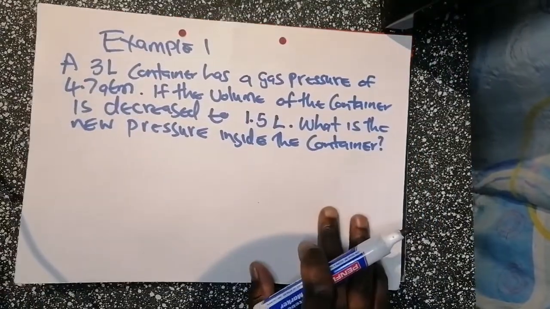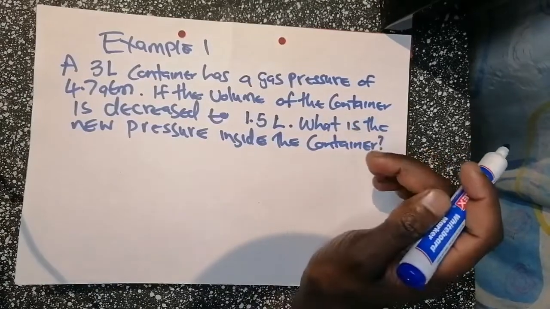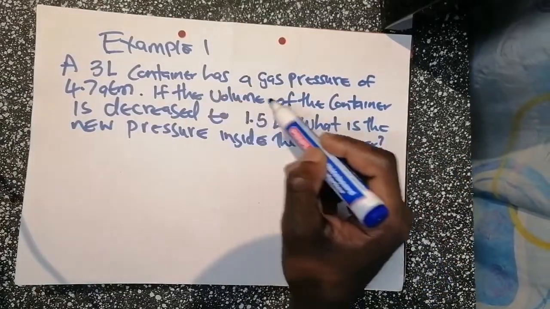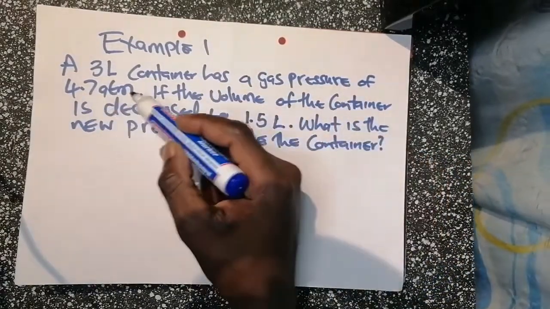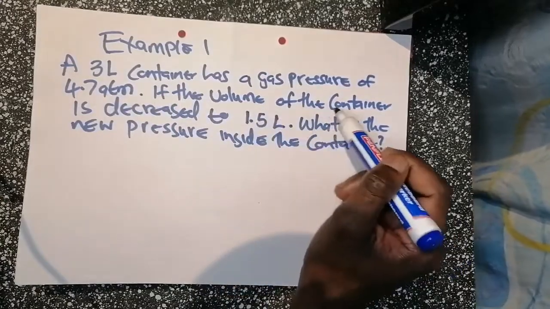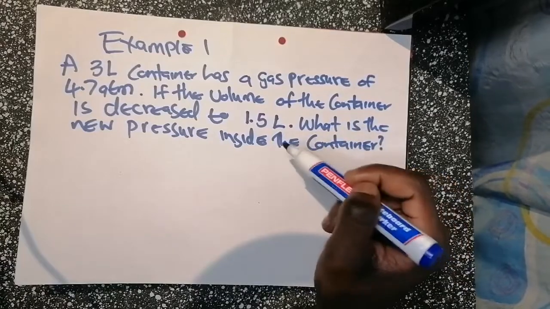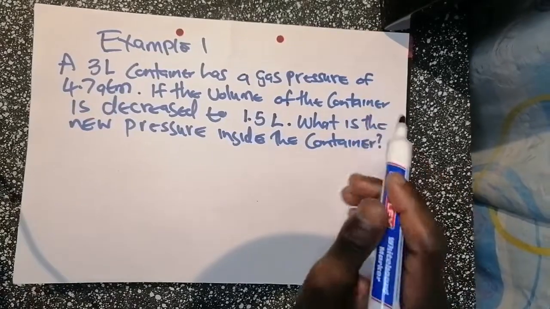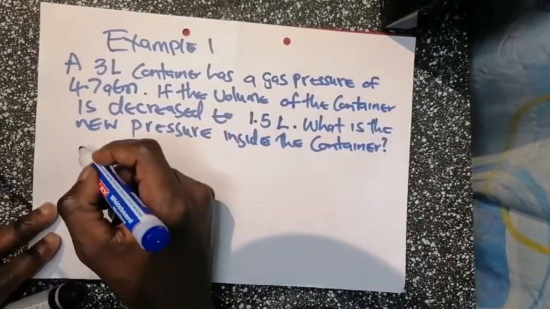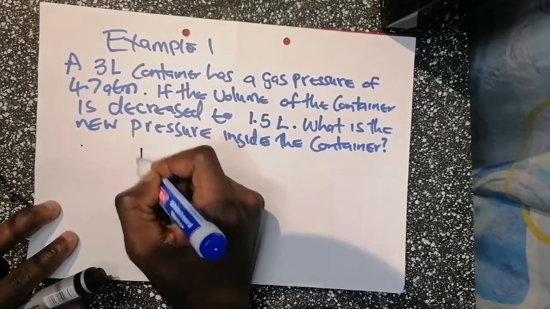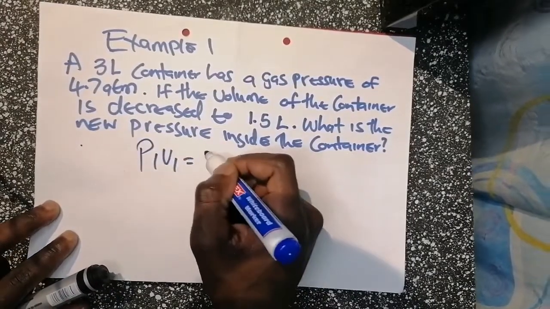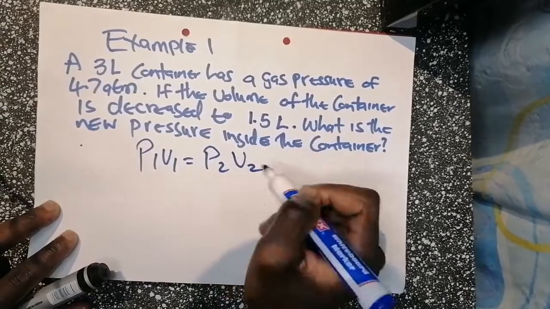Now, let's look at this example. It says that a 3-liter container has a gas pressure of 4.7 atm. If the volume of the container is decreased to 1.5 liters, what is the new pressure inside the container, right? So let's look at our data. We know the equation we need to use is P1 V1 equals P2 V2. What are we given?